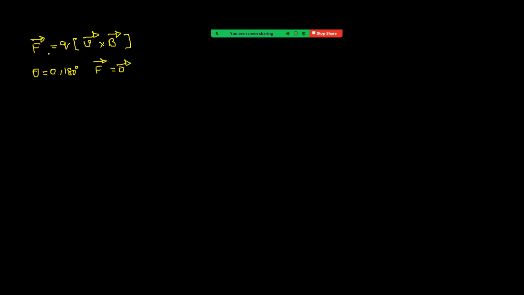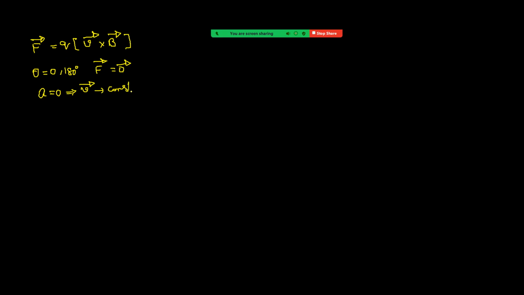Only magnetic force. So since it is 0, net force equal to 0. So net force 0 means acceleration equal to 0 because net force equal to mass into acceleration. So acceleration is net force by mass. Acceleration 0 means velocity is constant.